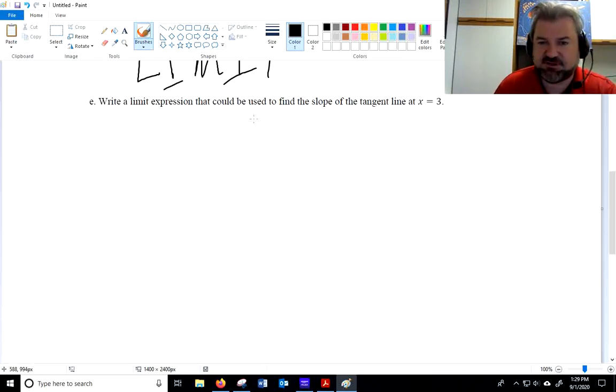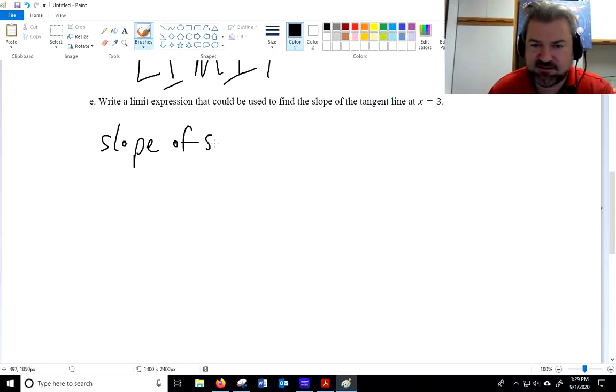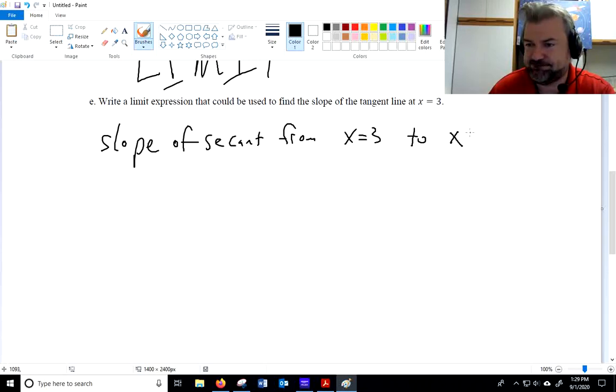So we're going to write an expression that can be used to find the slope of the tangent line at x equals 3. So let's find the slope of the secant line. Now, a secant line is the line that goes through the graph at 2 places, right? So the slope of a secant from x equals 3 to some other x would be f of that other x, the y coordinate, minus my y coordinate at 3, so f of 3, right?